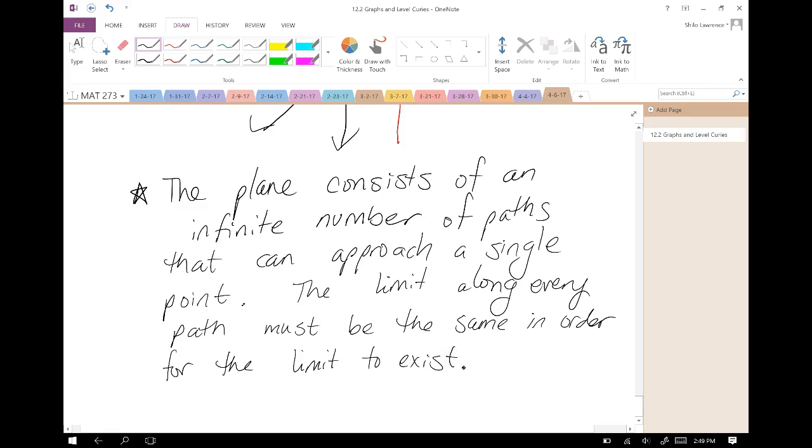But because there are so many, it's really going to be impossible for us to do. So what this is going to be more useful for is to show that it does not exist by finding a path where the answer differs.